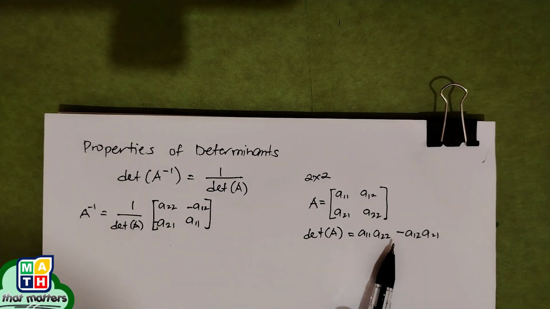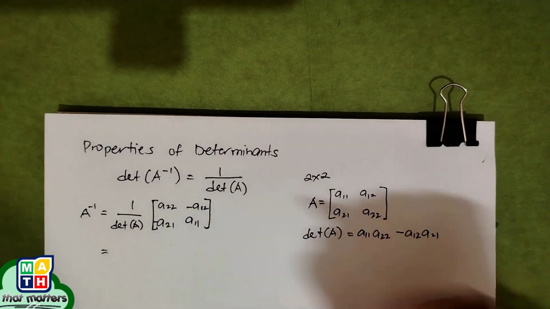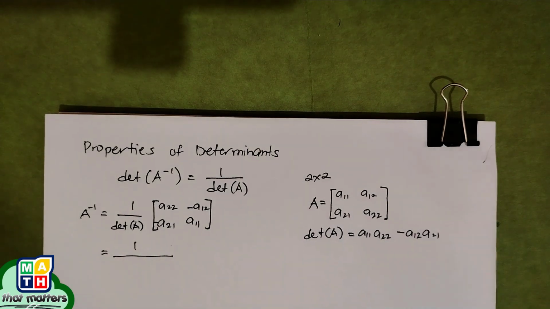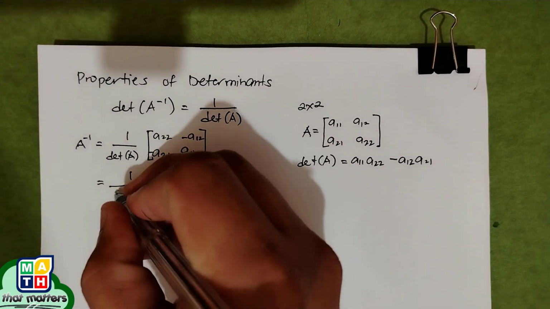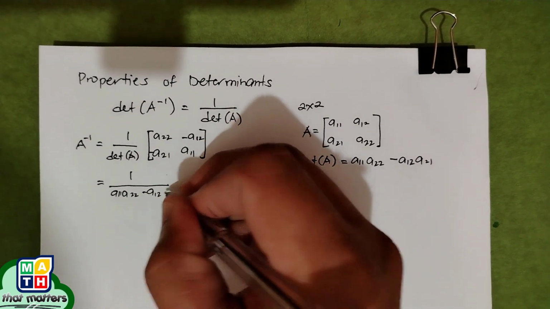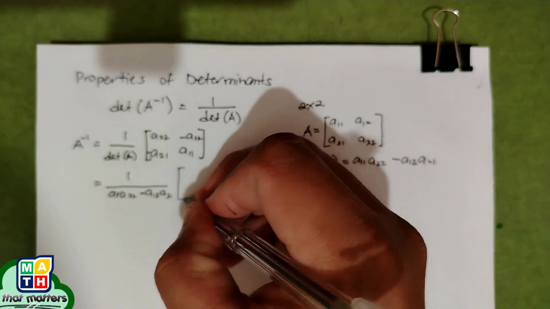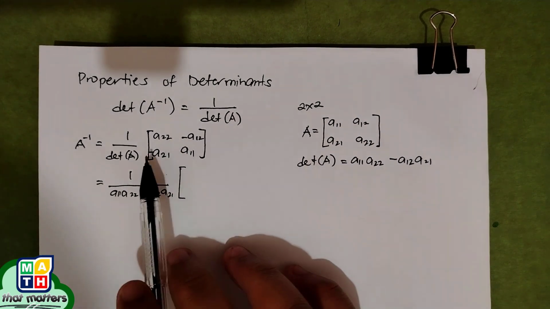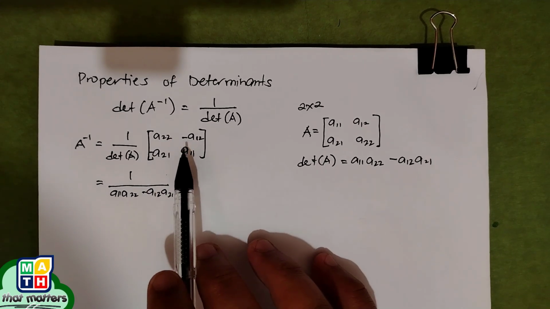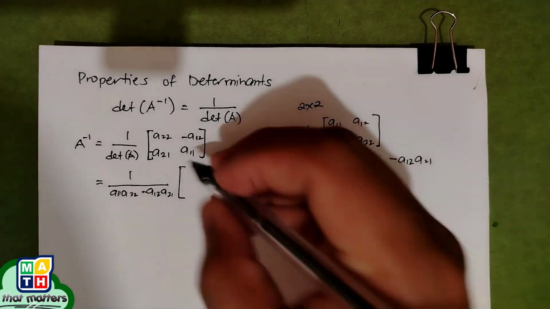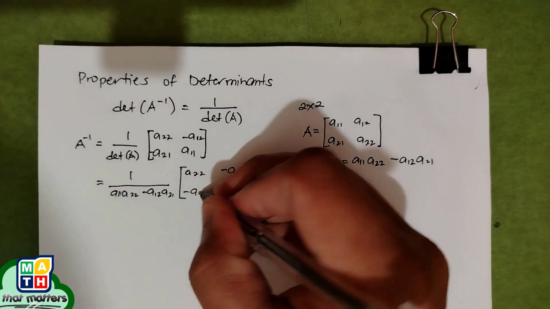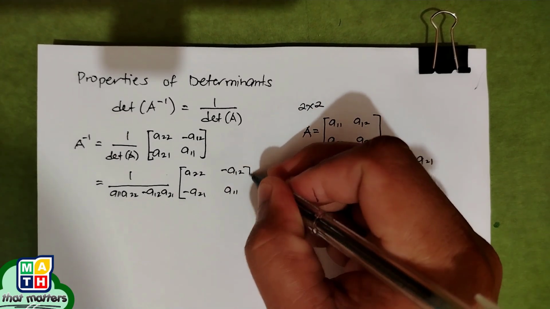In short, if we plug in the determinant here, you're just going to have 1 over the product of A11 and A22 minus A12 and A21, to be multiplied with, again, this matrix, because to solve for the inverse we're going to do it like this for a 2 by 2 matrix. So you will have here A22, minus A12, minus A21 and A11.